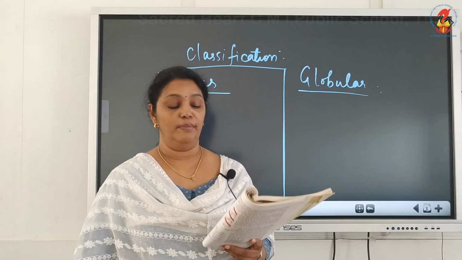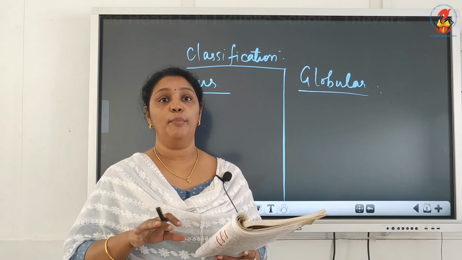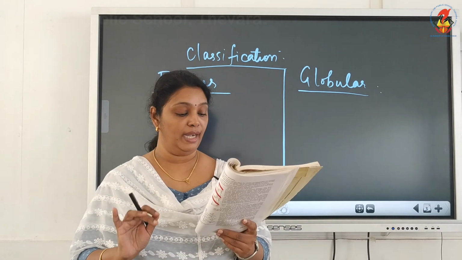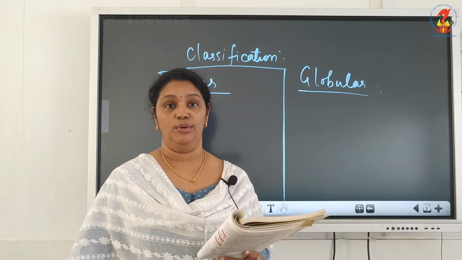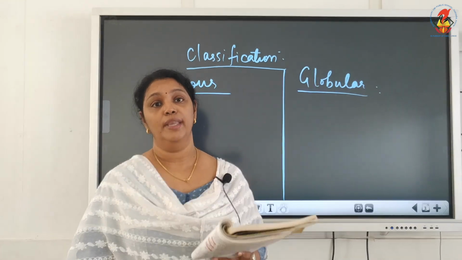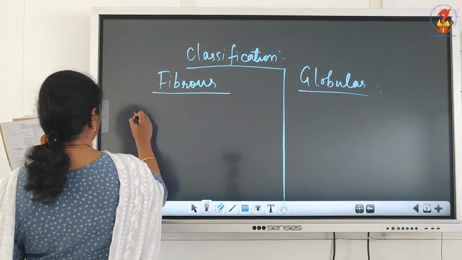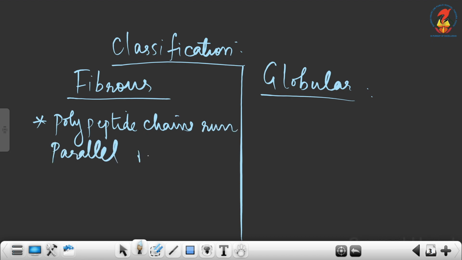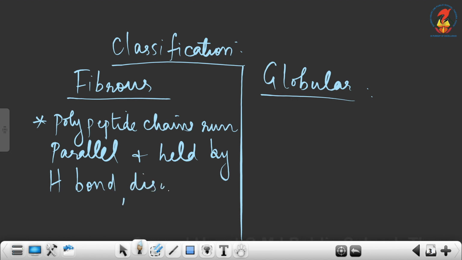Fibrous protein means that the polypeptide chains run parallel and are held together by hydrogen bonds and disulfide bonds. We call it a fibrous protein.